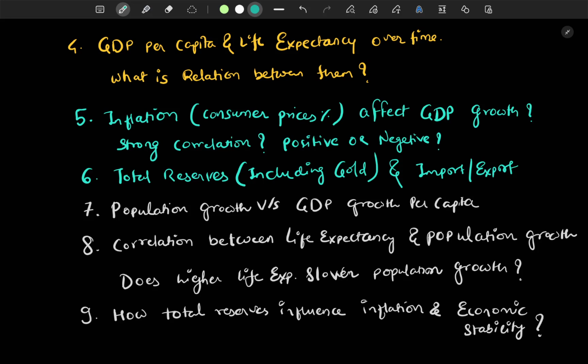For example, in real estate, if some flats or some lands were 20 lakhs 10 years ago and now they are 2 crores, that means a growth of 10 times, which is 1000 percent. And this is inflation, the price increase.